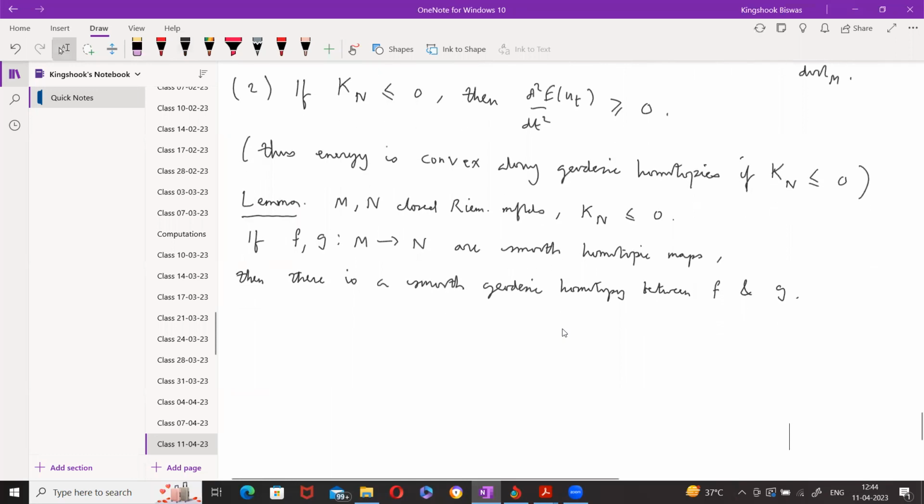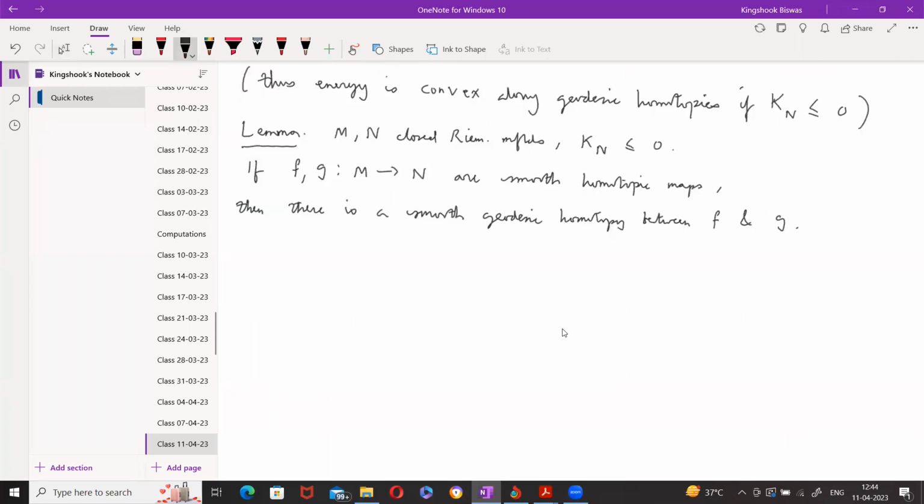But it's saying if there is a continuous homotopy, then I can upgrade that homotopy to a geodesic homotopy. Is it clear?